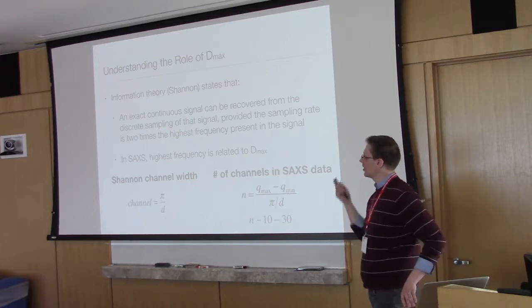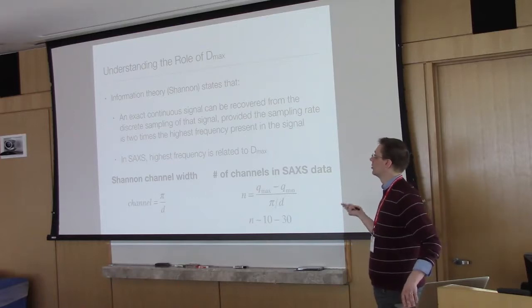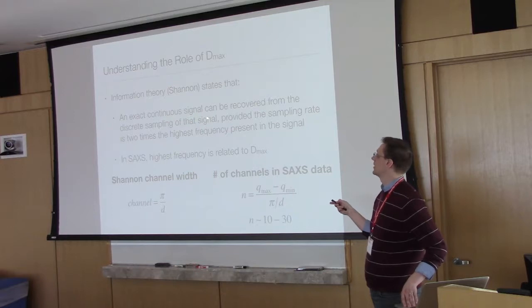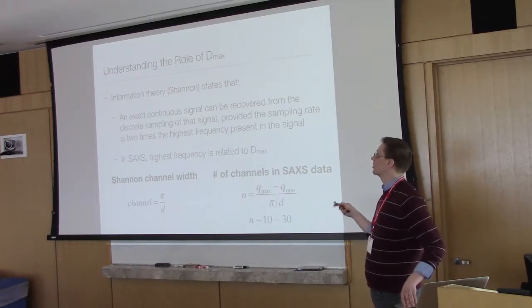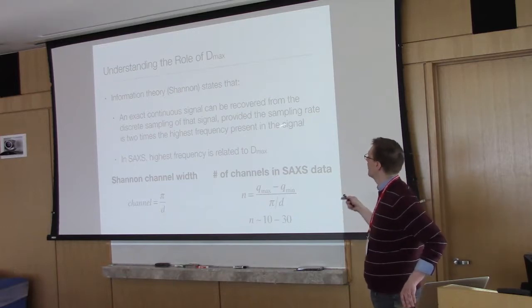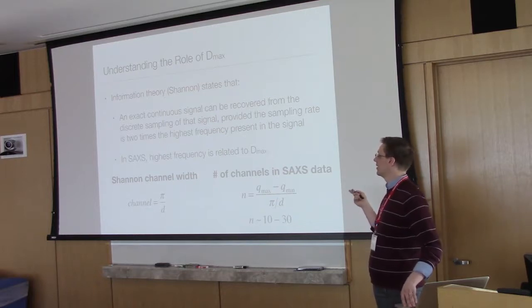The fundamental theory we use for being able to extract the pair distribution function is called Shannon information theory. This states that an exact continuous signal, the smooth fit to your data, can be recovered from the discrete sampling of that signal, which are the individual data points, provided that you're sampling the profile at least 2 times the highest frequency present in the signal.